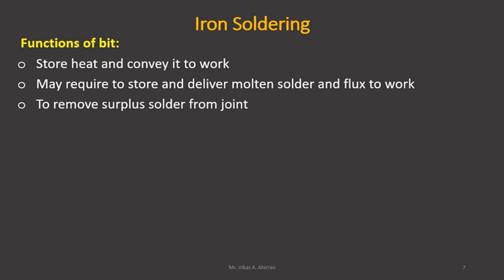The functions of the bit: first of all, to store the heat and convey that heat up to the work. Then it may be required to store and deliver the molten solder and flux to the work. And also, whenever we want to desolder, or to remove the surplus solder metal from a joint, the bit will be useful.